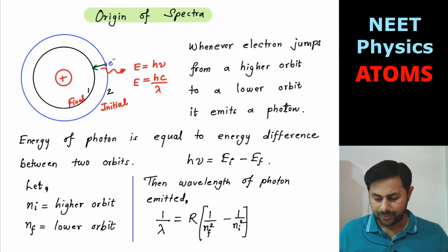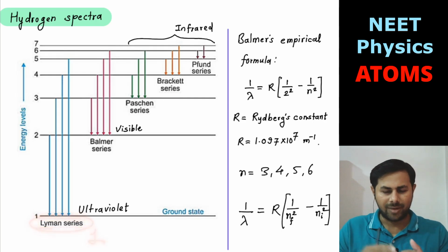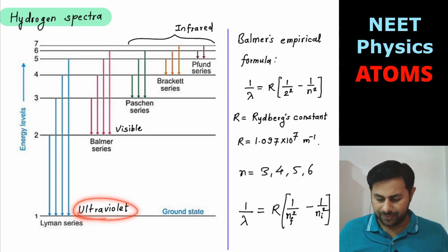Now if you fix the final orbit, suppose it is the first one, then the series of wavelengths emitted when the electron jumps from second to first, third to first, fourth to first is known as the Lyman series. It lies in the ultraviolet region.